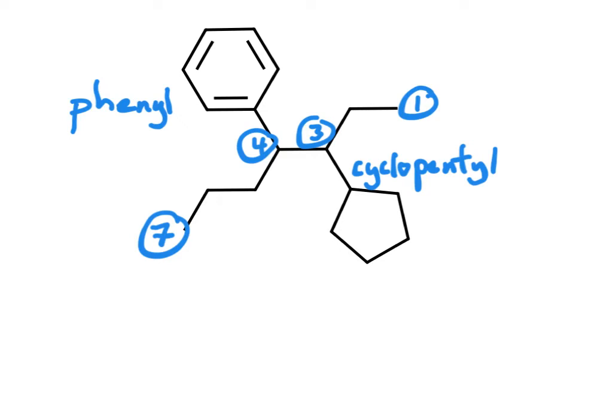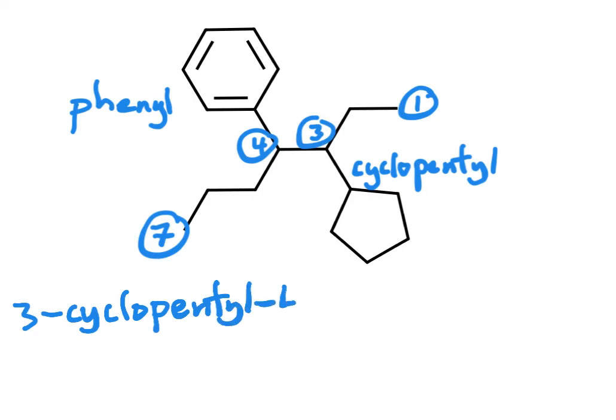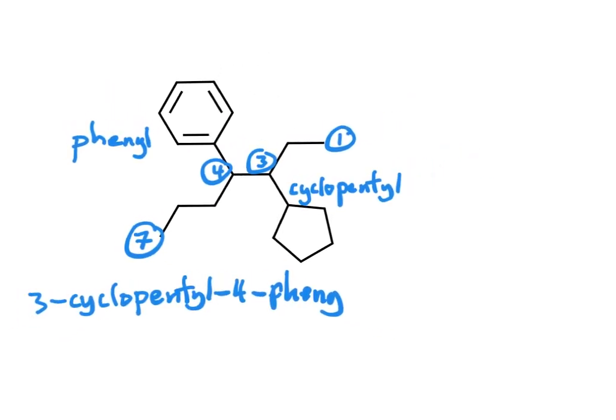So my name here is going to then be 3 cyclopentyl, 4 phenyl. And then let me shrink again so I can fit the rest of the name in. What do we have here? We have here heptane.